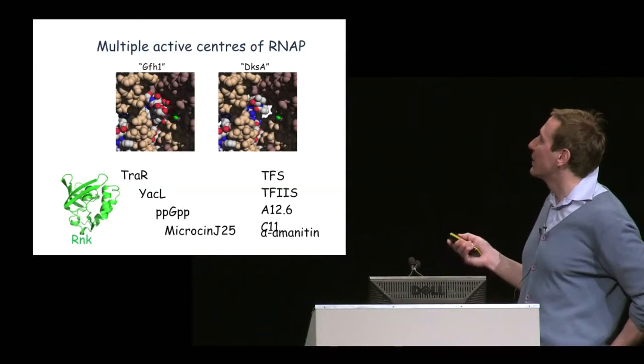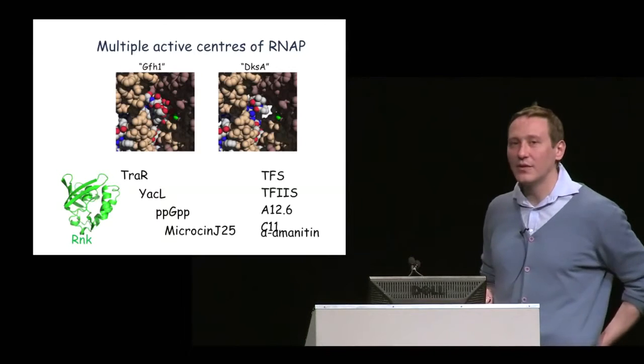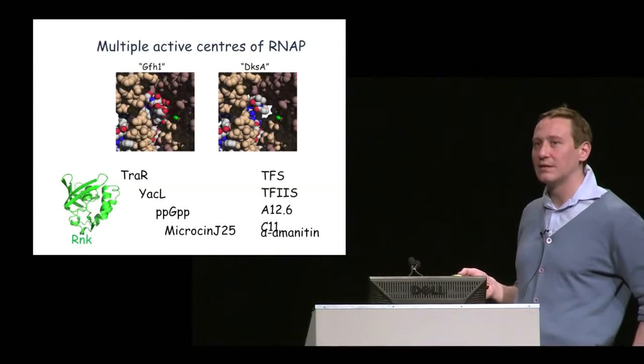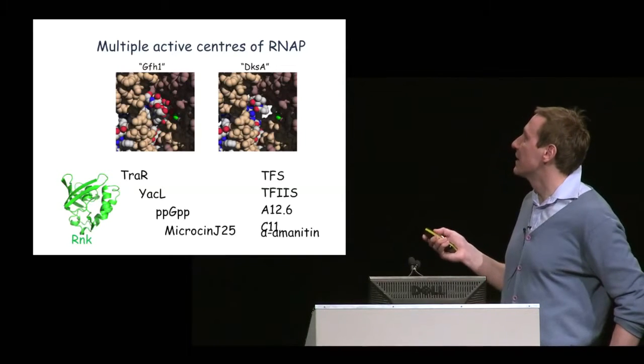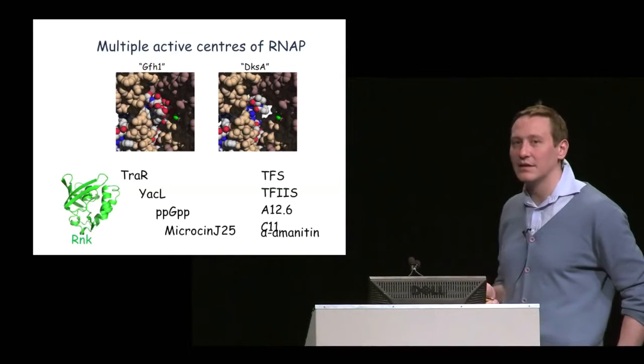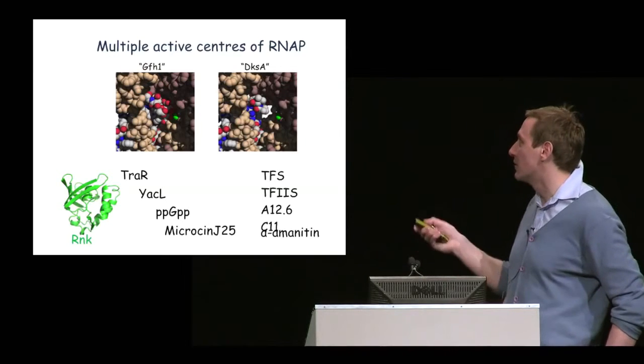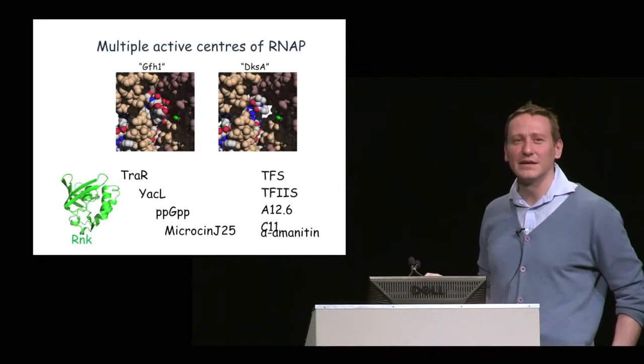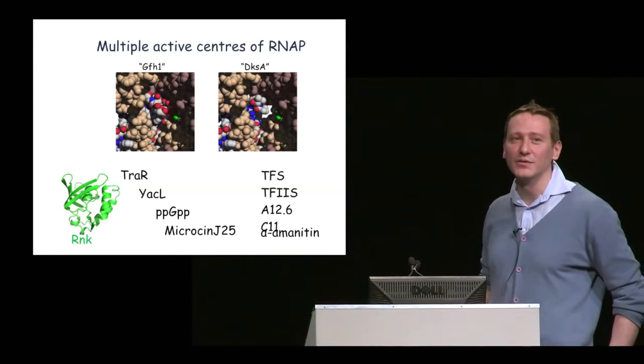So as I said, the archaea and eukaryotes have their own cleavage factors, which are unrelated to GRE factor: TFS in archaea, and TFIIS and its equivalents in the three eukaryotic polymerases. They are all homologous to each other. They were also shown to act by substituting for the trigger loop.